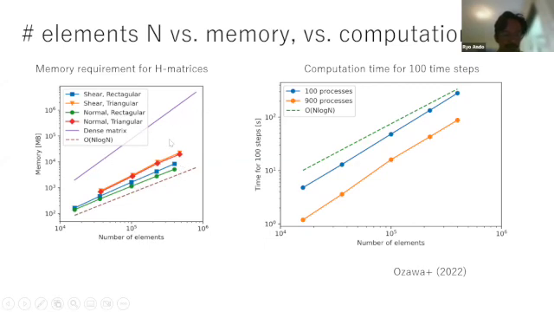This is the original one, so you can see the reduction. And this is the scaling for the computation time, which also seems to follow the order n log n curve here. So we are satisfied with this result.